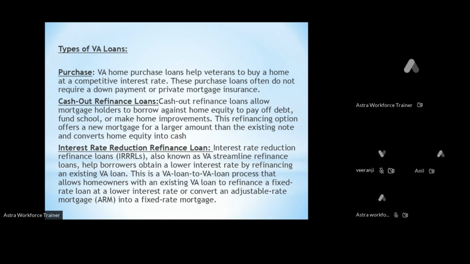See, all the loan programs: FHA also has purchase, refinance, cash out refinance, and no cash out refinance. Conventional also has purchase, cash out refinance, no cash out refinance, and limited cash out refinance. VA has purchase, cash out, no cash out, and interest rate reduction. In FHA, instead of interest rate reduction, they have a streamlined refinance.